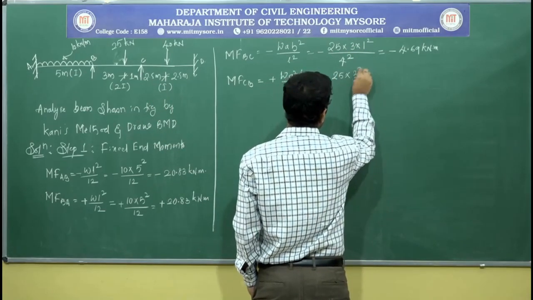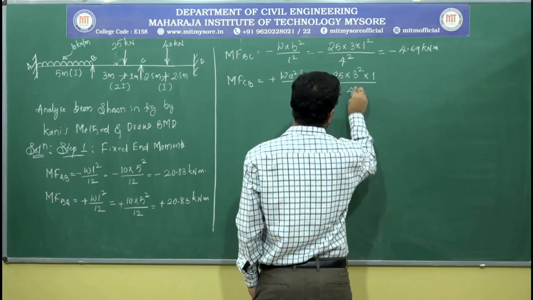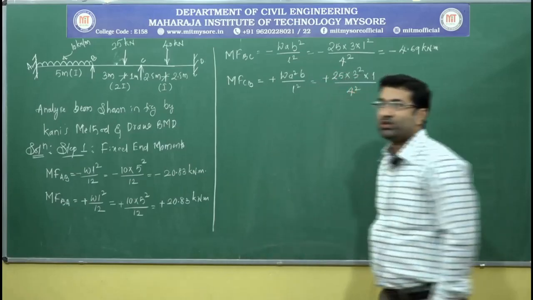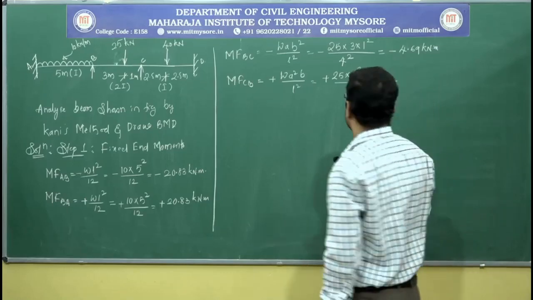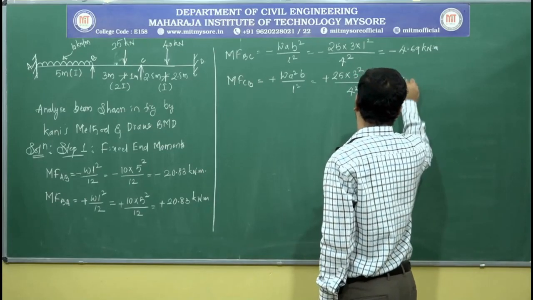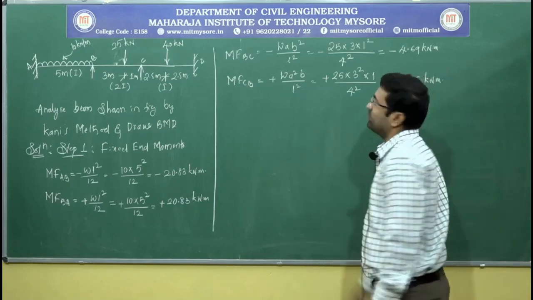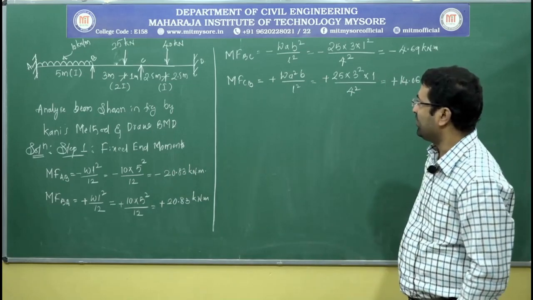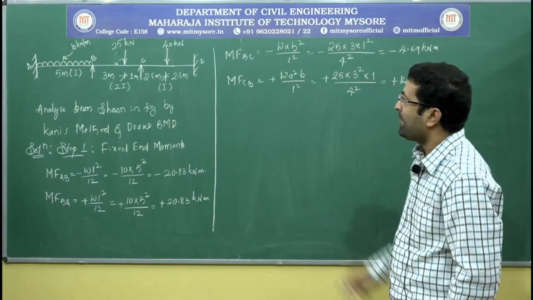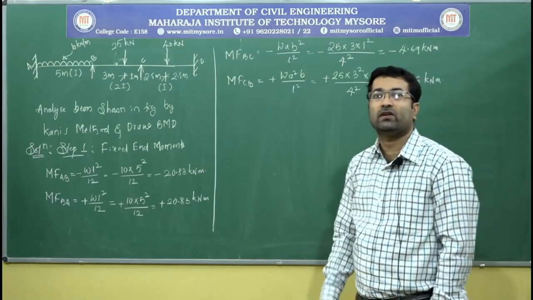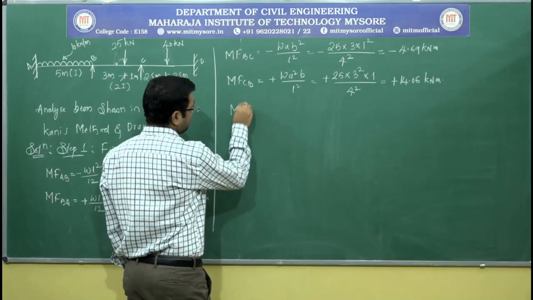So it will be 3 square into B is 1, whole divided by 4 square, which yields to a value of 14.06 kilonewton meter is the fixed end moment. So these are the two fixed end moments for the span BC. Now similarly, we need to work out for the span CD, that is MFCD.